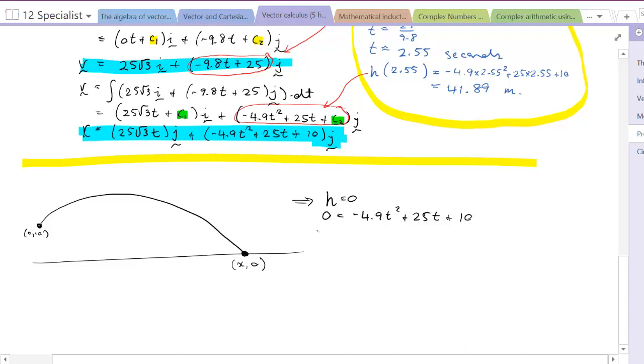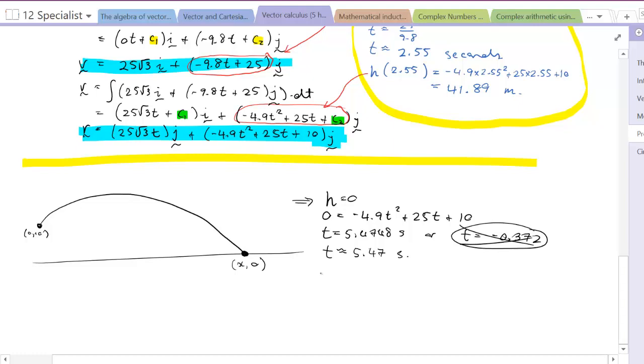So using our calculator, we can solve this really quickly, and we end up with a solution of t is equal to 5.4748 or negative 0.372. Of course, we can disregard that one, and we'll say that t is approximately 5.47 seconds. So our last step is we want to find that horizontal distance.